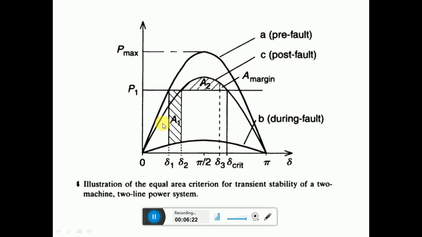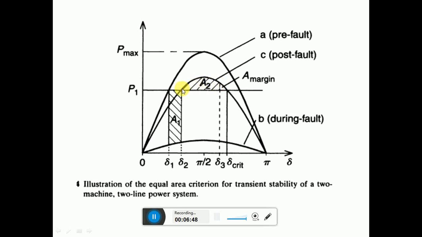Now what happens? Due to the accelerating power, the angle increases from delta 1 to delta 2. Now at that point our curve is this one, the post fault curve, because the circuit breaker removes the faulted line.